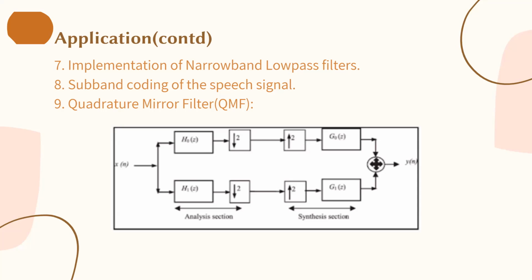Downsampling and upsampling is also used in the quadrature mirror filter. As we can see in the diagram, the input signal is first downsampled by a factor of 2 in the analysis section, and then upsampled by a factor of 2 in the synthesis section before we get the output signal. Next slide.